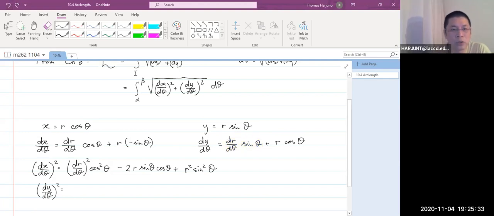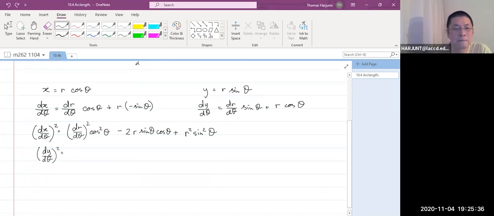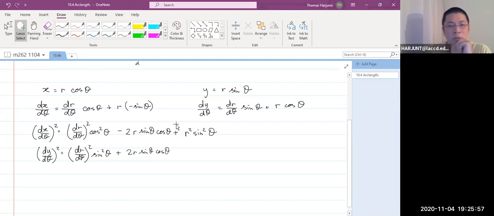So this will then be dr d theta squared sine squared theta plus 2r sine theta cosine theta. I'm actually missing something earlier. dr d theta. dr d theta plus r squared cosine squared theta.